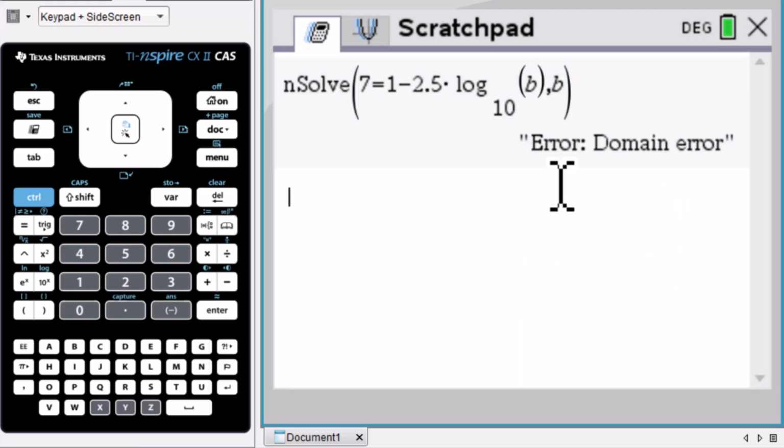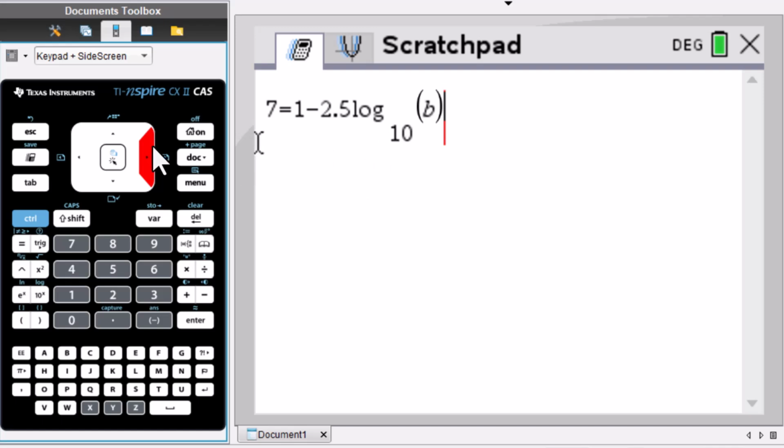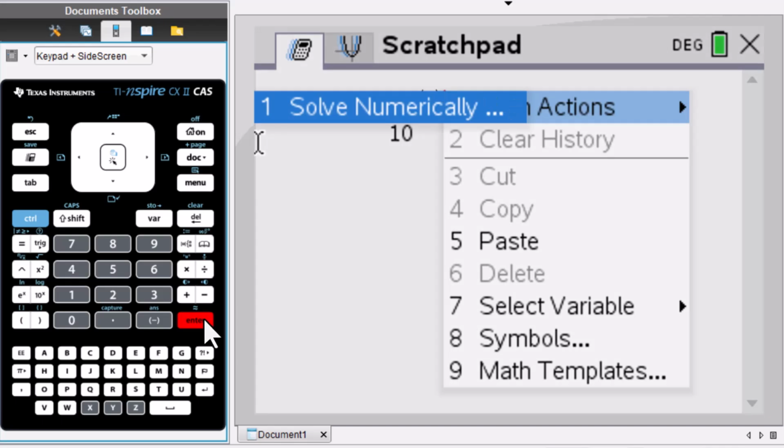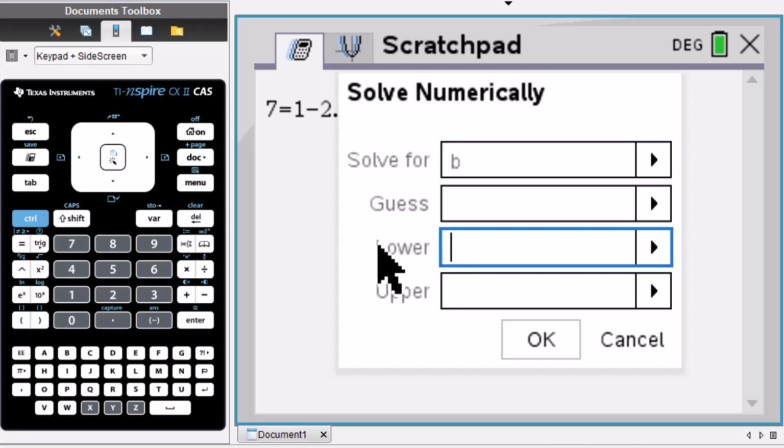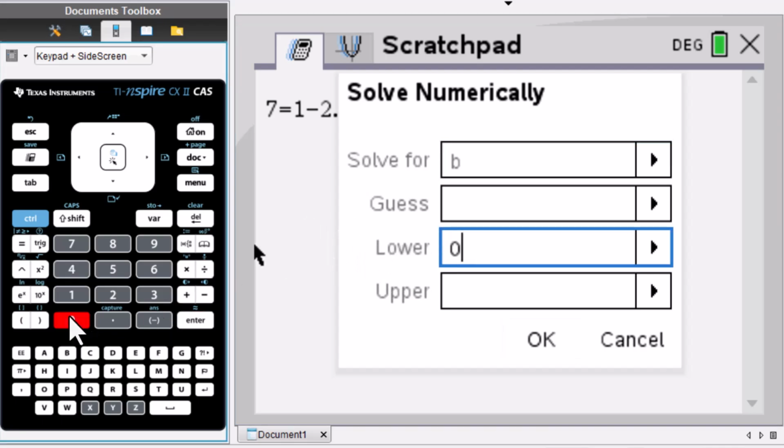We won't get this answer. They said domain error. For the log, we know this b must be a positive number. Let's retype this equation. Control menu, enter, enter. Make sure for a log equation, for lower bound, you always put the 0.